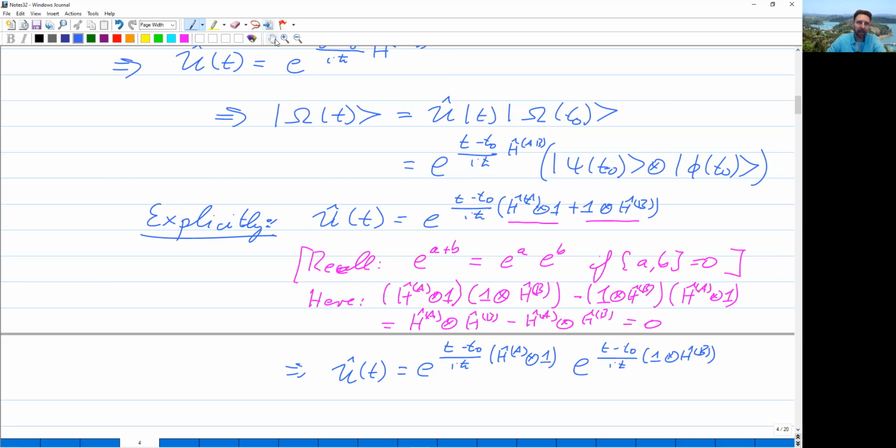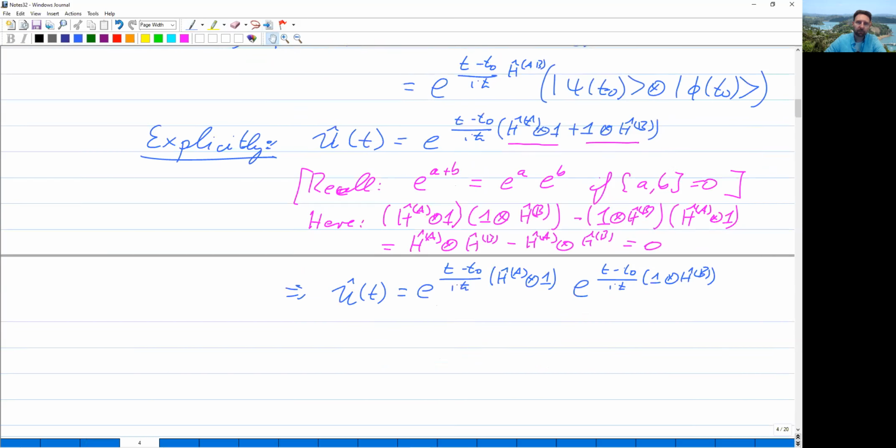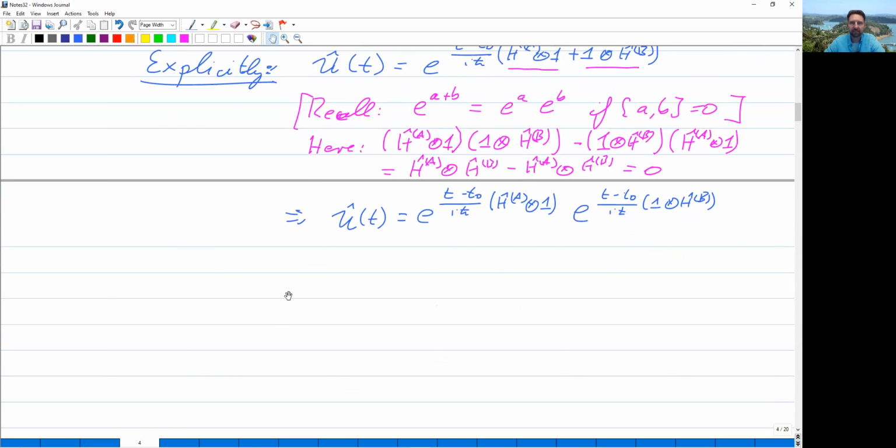Now, what can we do with this? It still looks a little bit messy. Again, let's do a side calculation. Notice what happens if we calculate, for example, h hat A tensor 1 and take the square of it?